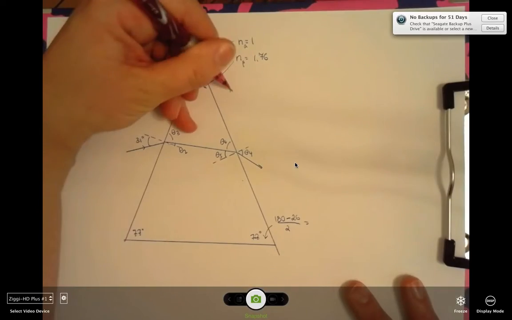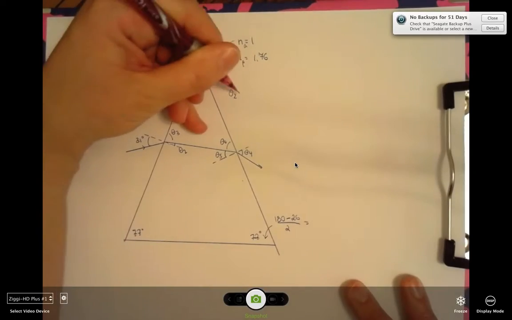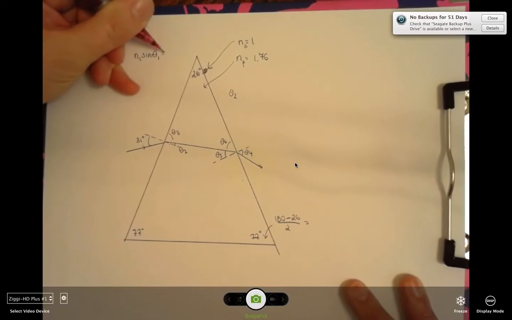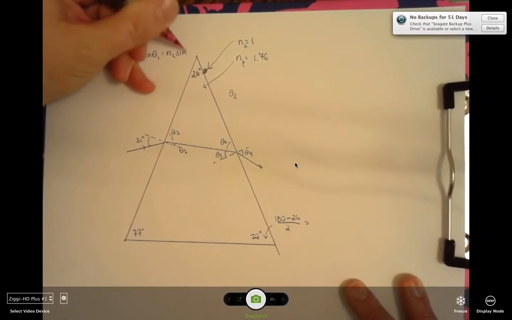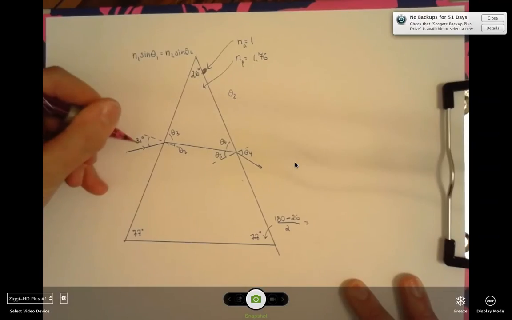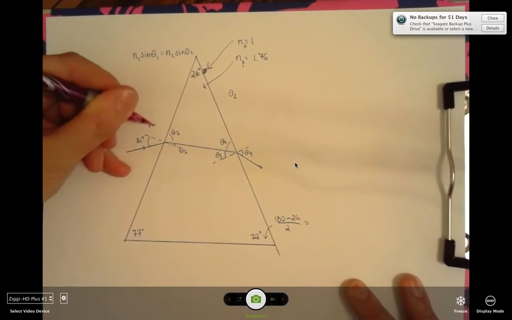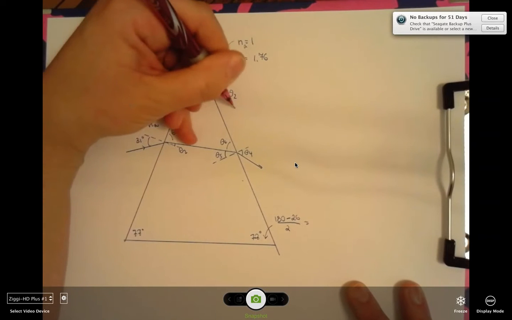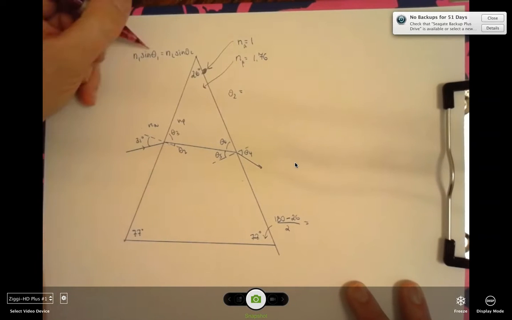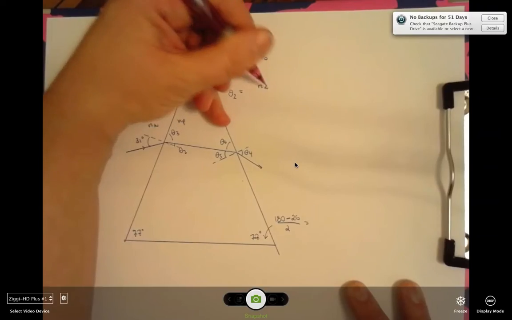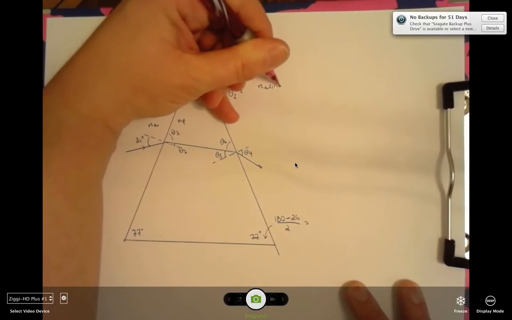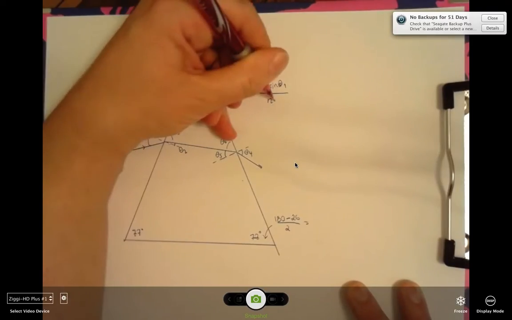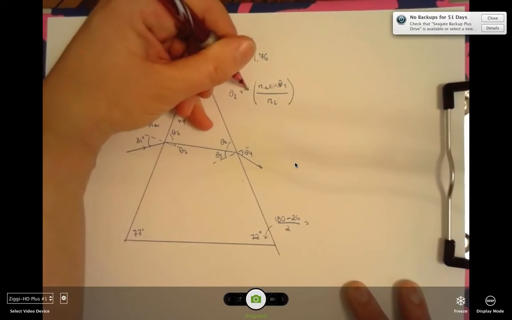So, theta 2, let's see. So we've got Snell's law, n1 sine theta 1 equals n2 sine theta 2. So we've got our incident angle, and we've got n1, which is air, and we've got n2, which is prism. So theta 2 is going to be equal to n of air times the sine of the angle in the air, which is theta 1, divided by n2, and then we're going to take the inverse sine of this.